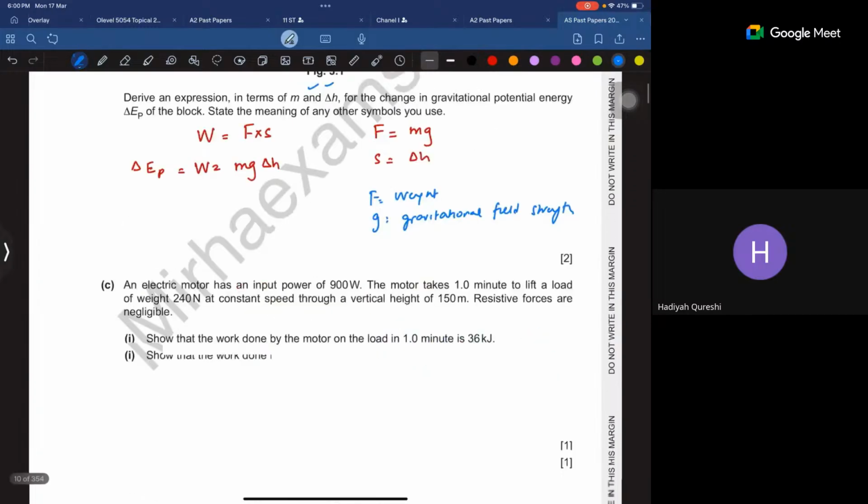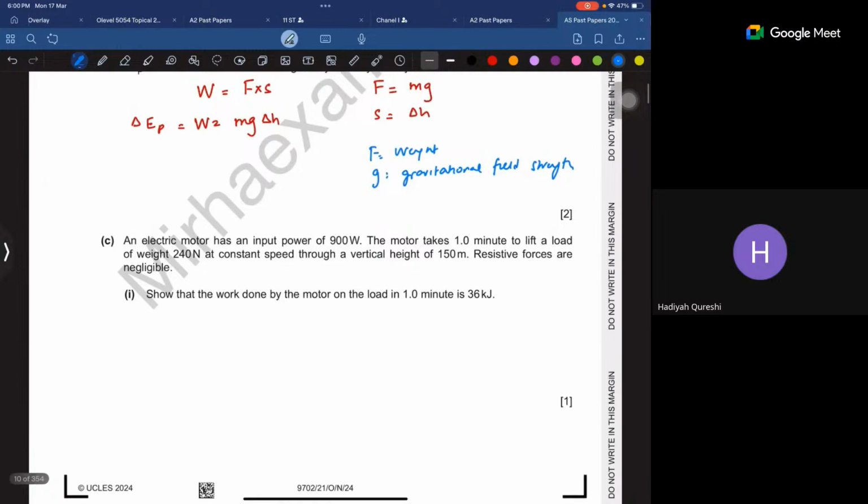So that's pretty good. Then it says an electric motor has an input power of 900 watts. The motor takes 1 minute to lift a load of weight 240 newtons at constant speed through a vertical height of 150, and resistive forces are negligible. So show that the work done by the motor in 1 minute is this.